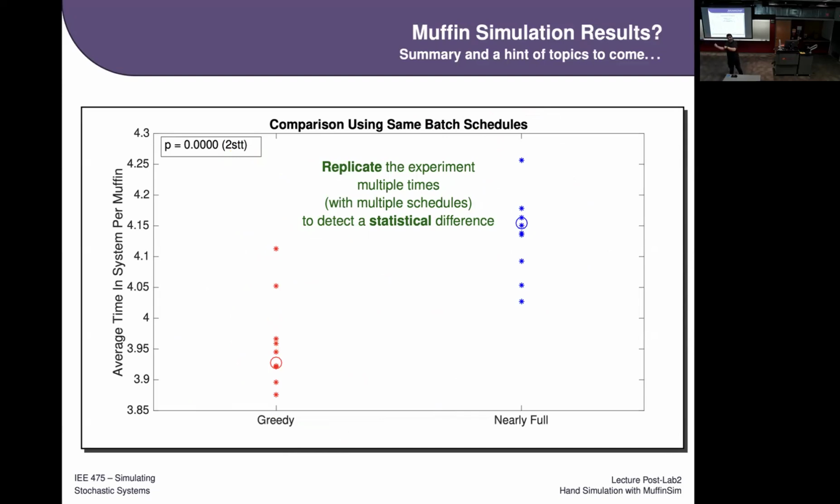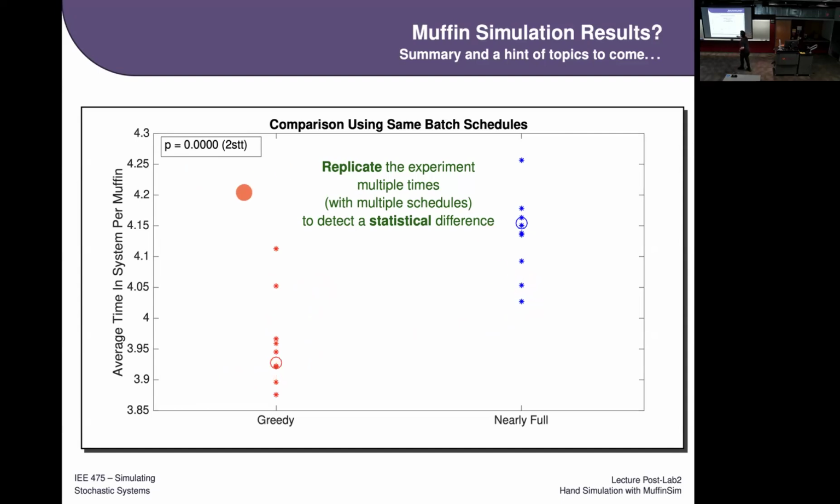you can't do that with these. This is the hidden little thing that is often in the subtext of whatever 380 or 385 class when you get exposed to a 2-sample t-test: you can only use a 2-sample t-test if all of your experimental replications are independent from each other. And they weren't, because every point here has a point over here that used the same muffin schedule.